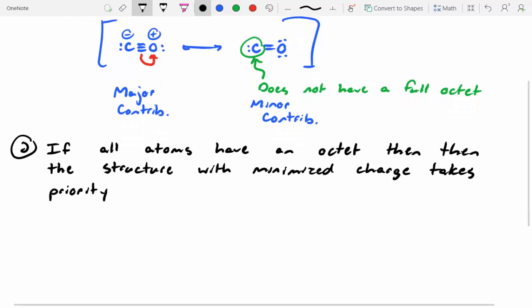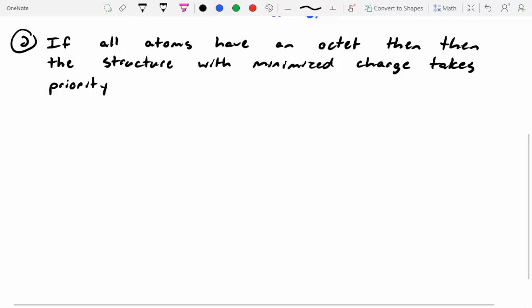Then we've got another rule. Let's say you've got two structures that both carry charges. How do we assign priority if they both have charges and they both have full octets? Then we need to look at the electronegativity of the atoms carrying the charge.